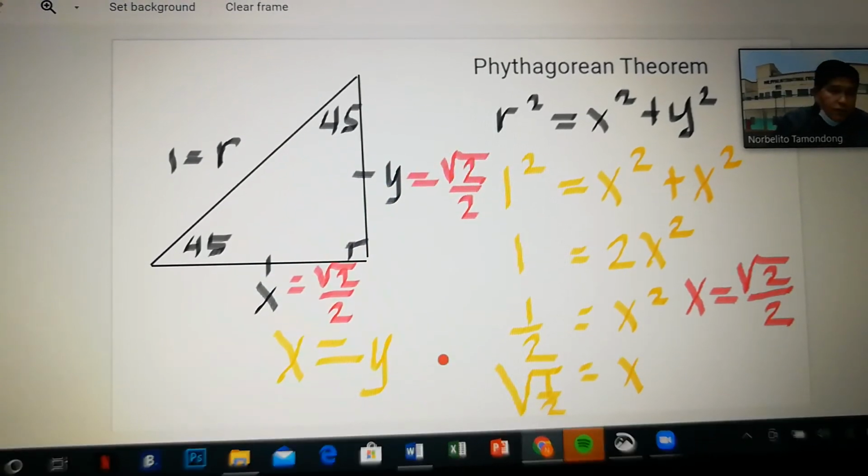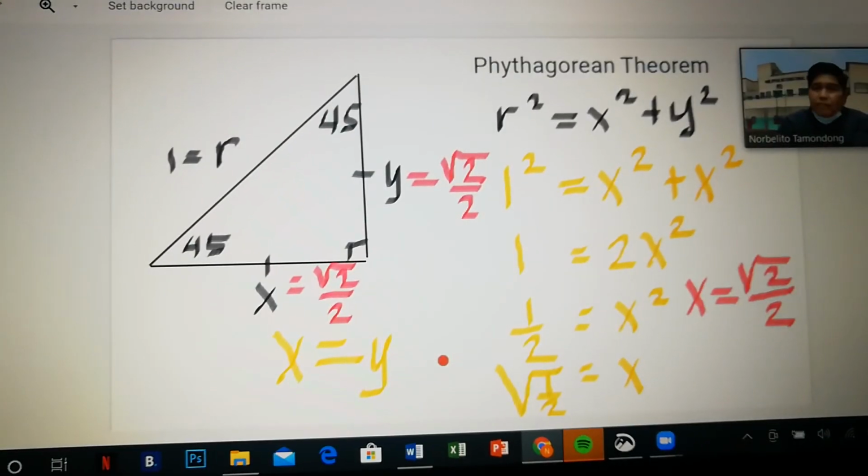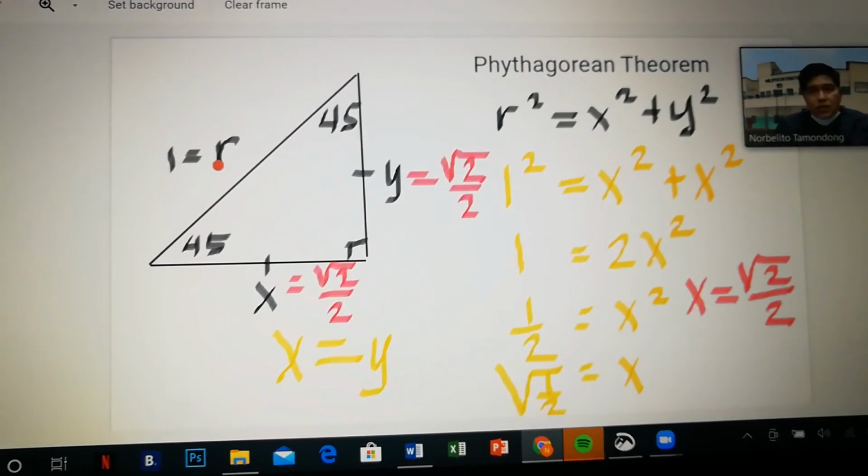Now, to find the relation between the sides: given the hypotenuse, to find the congruent sides, you simply multiply by square root of 2 over 2. So 1 times square root of 2 over 2, you will get square root of 2 over 2.